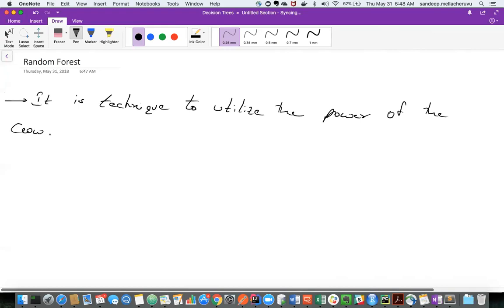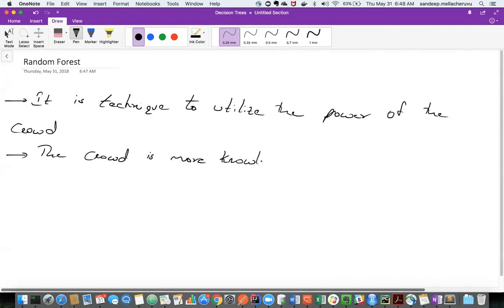What is this power of the crowd? What random forest says is the crowd is more knowledgeable than an individual.